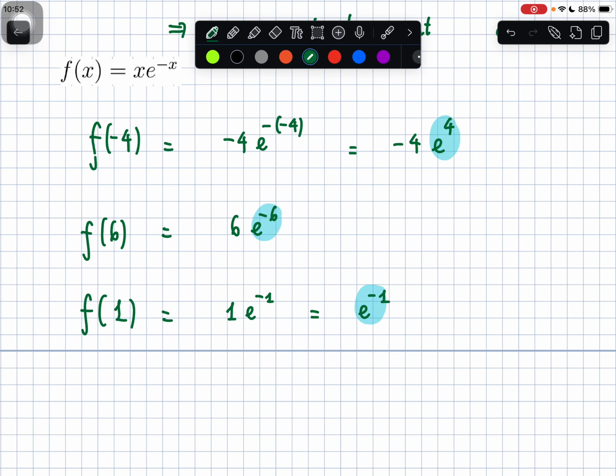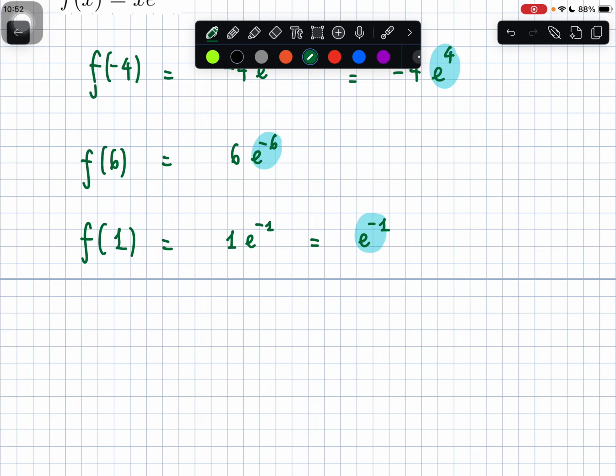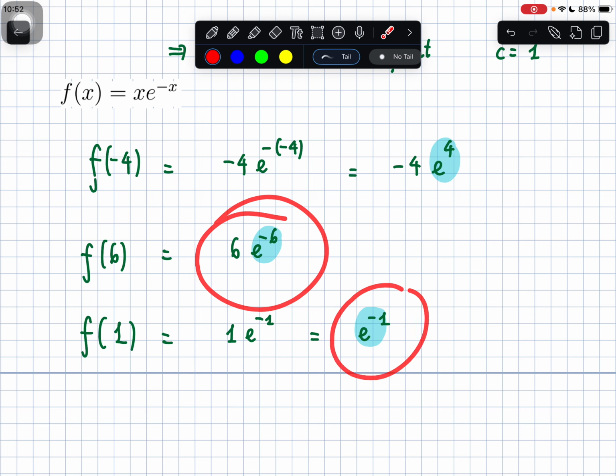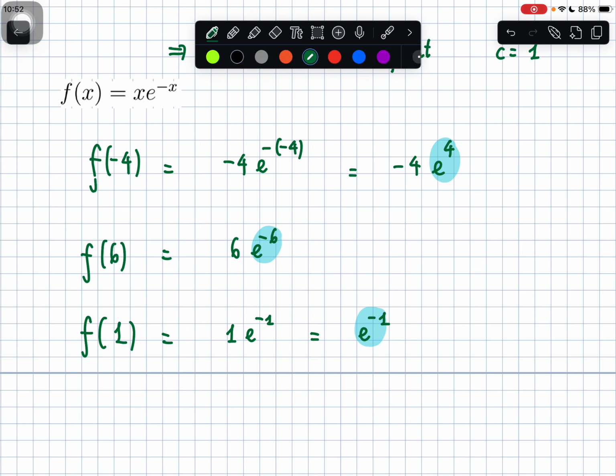Compare them. You know that the first one is negative, so for sure it is the smallest, because the other two are positive.